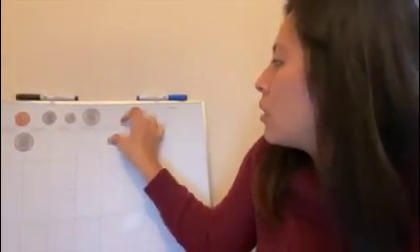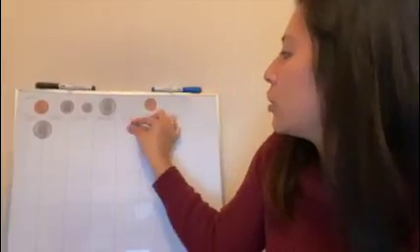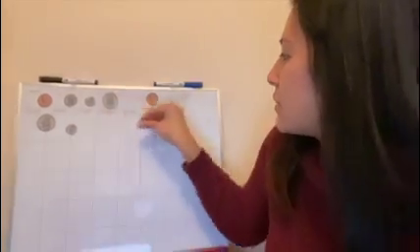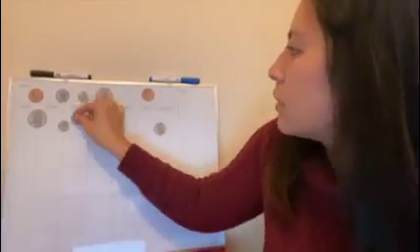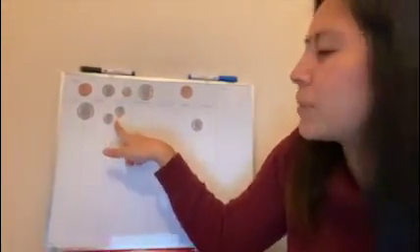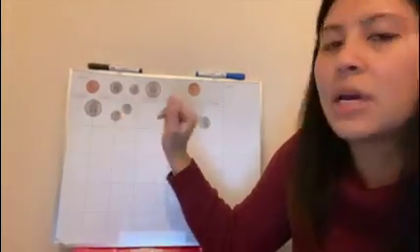So let's think about this. You have to give him 10 cents. What if we give him another 10 cents? How much money do we give him if we give him 2 dimes? We gave him 20 cents.